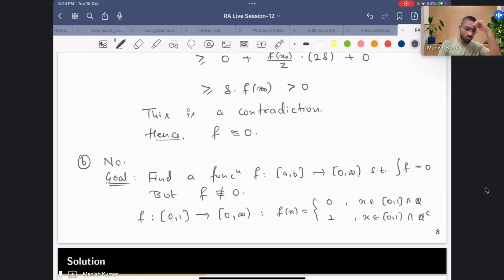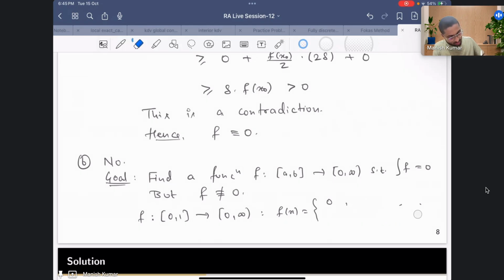Because the lower sum is always going to be 0 and the upper sum would be 1.